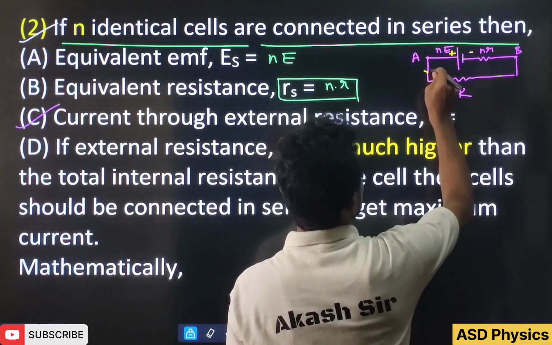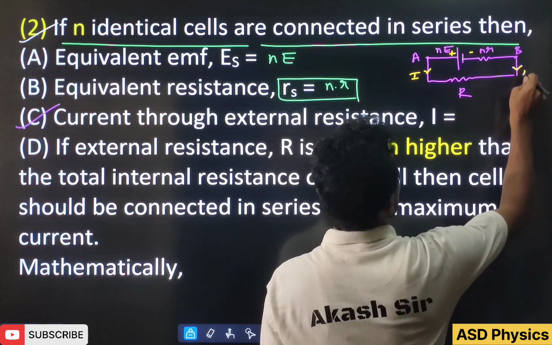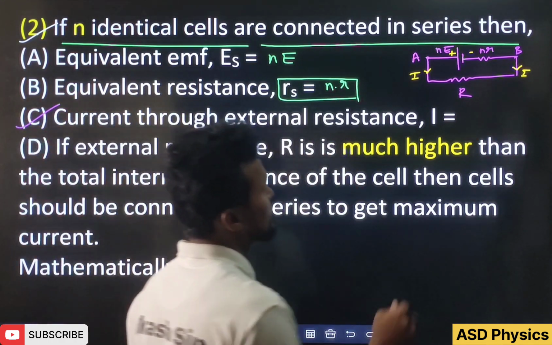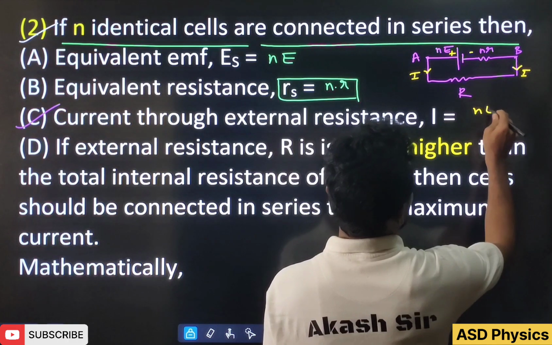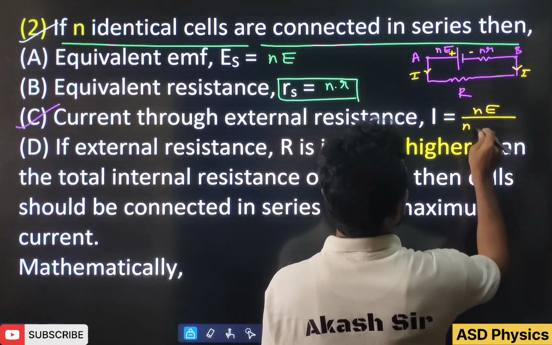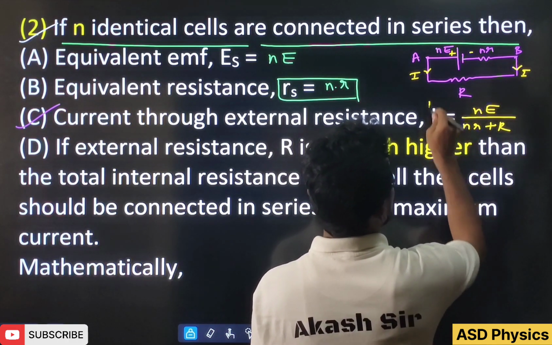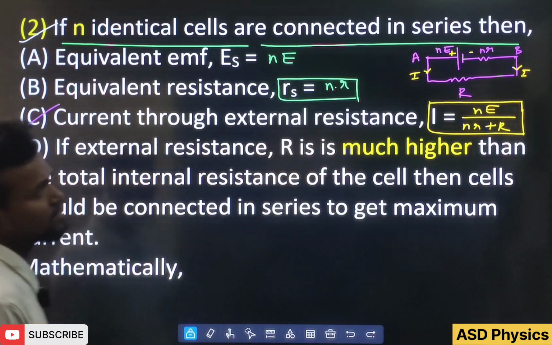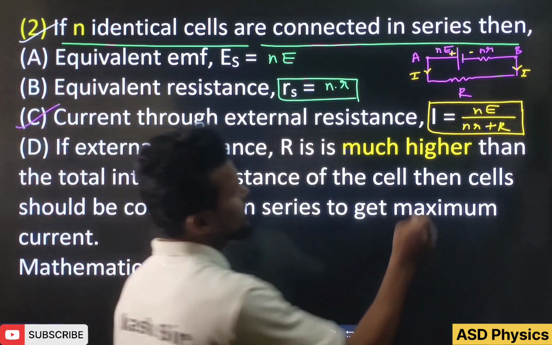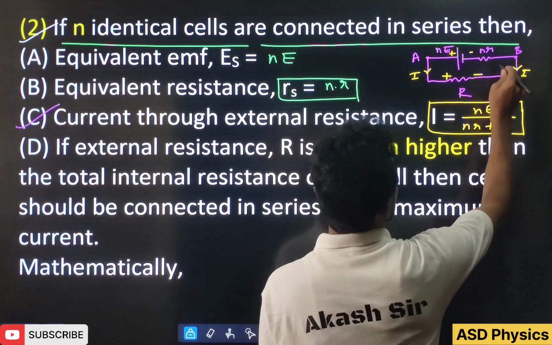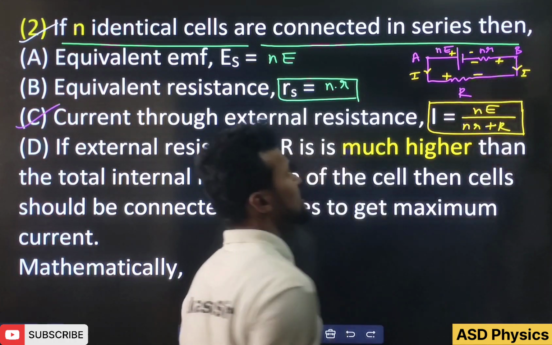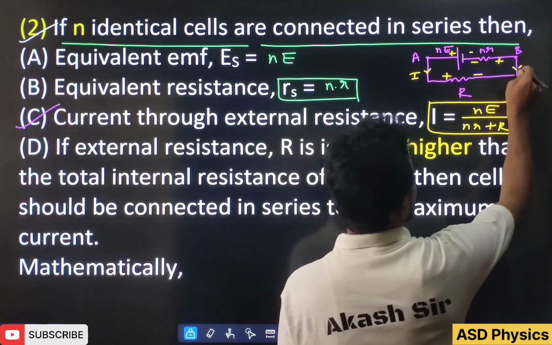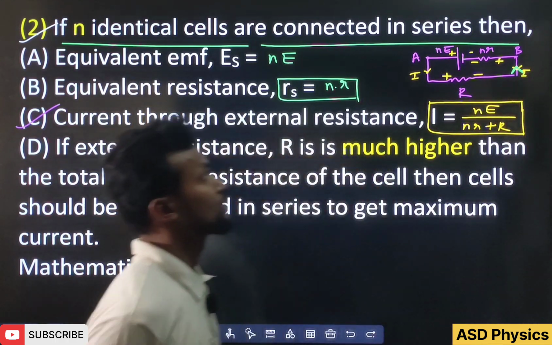By using the basic Ohm's law, this I is given by nE divided by nr plus capital R. Total EMF by total resistance, both are connected in series. If you want to write the polarity also, this plus this minus, this plus this minus, the same current will flow. And I think I have drawn the direction wrong. This current I will go like this. Great.